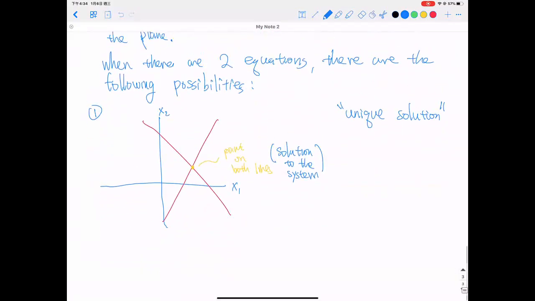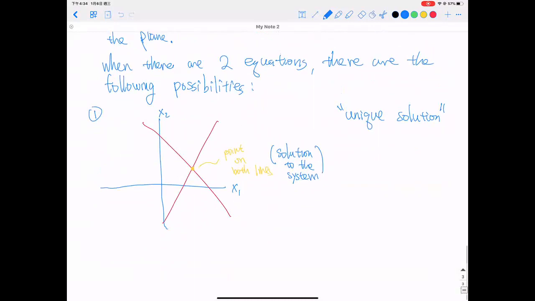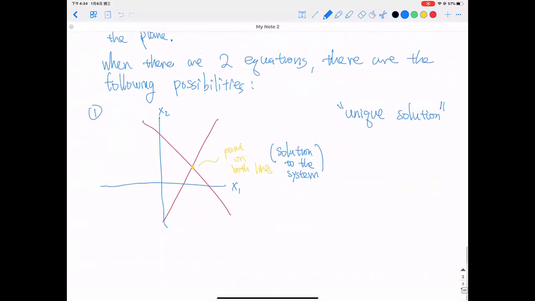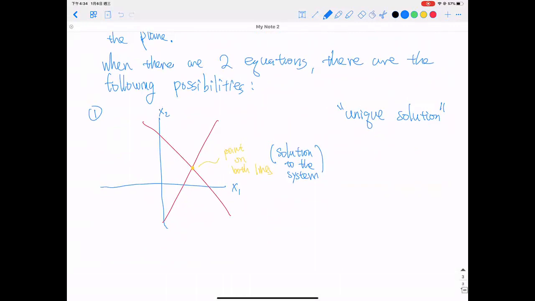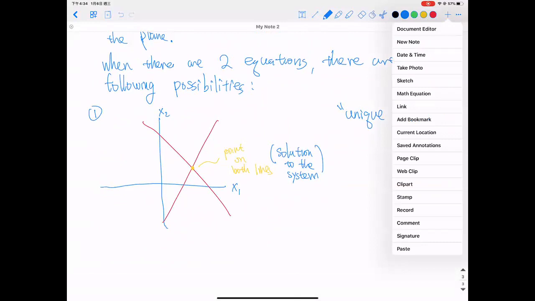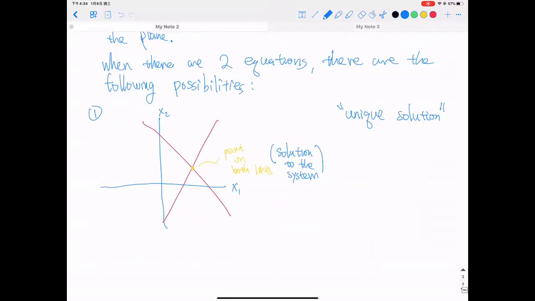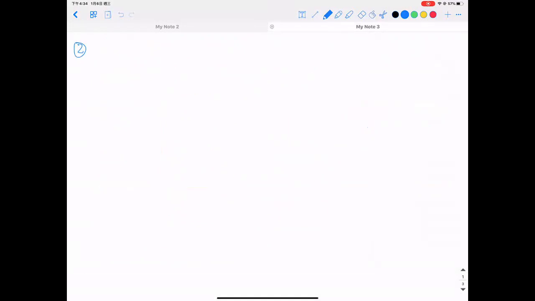Okay, now the next possibility. Again x1, x2, and you have two lines.